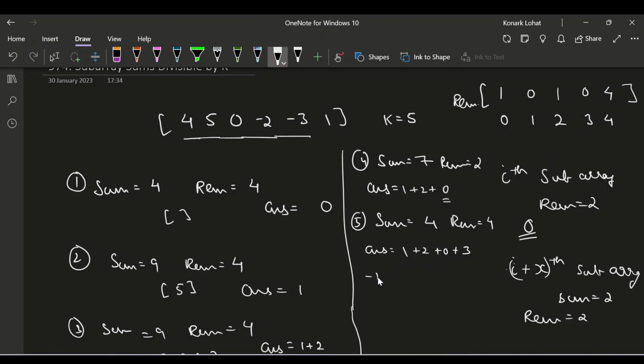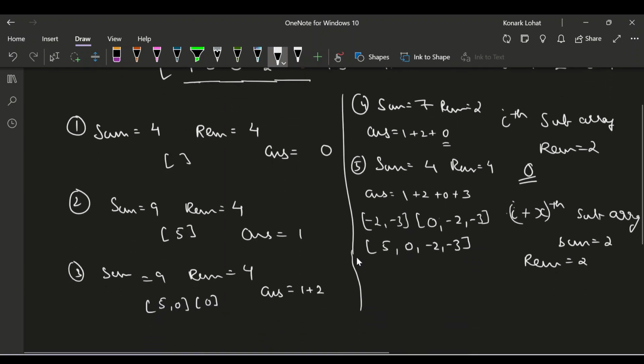So the subarrays are minus 2, minus 3, fine. Then you have 0, minus 2, minus 3. And at last, this whole array, that will be 5, 0, minus 2 and minus 3. These are those 3 subarrays.